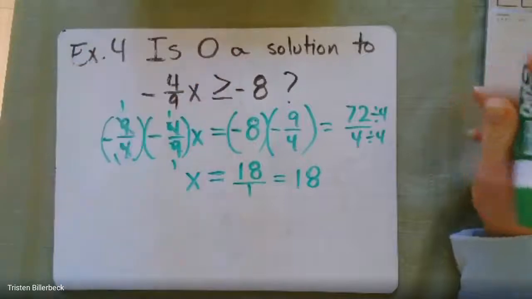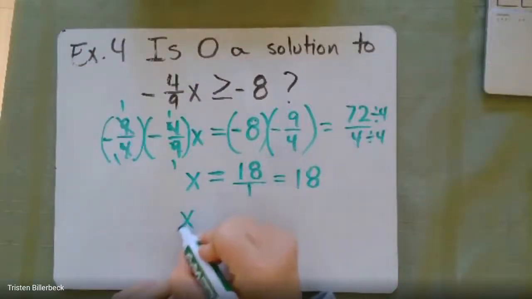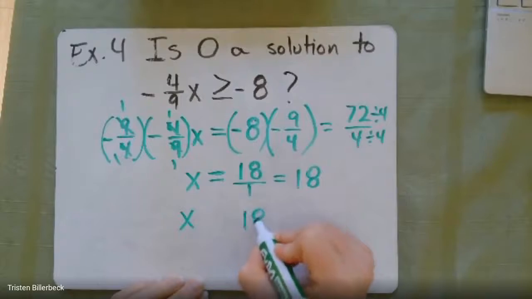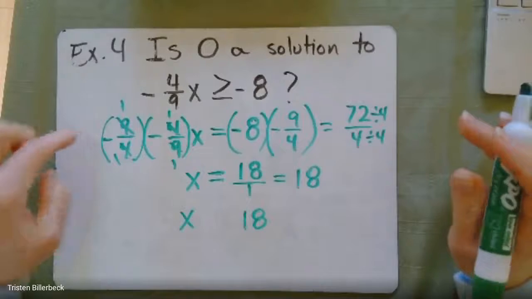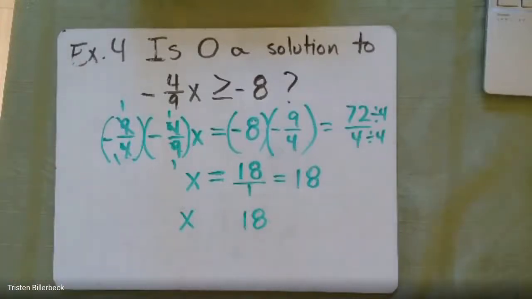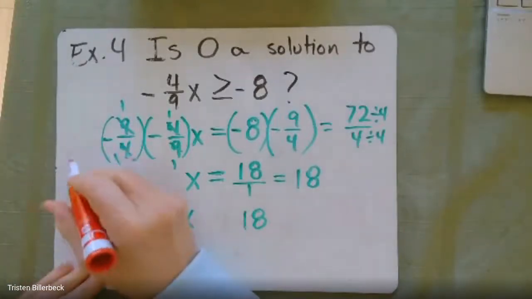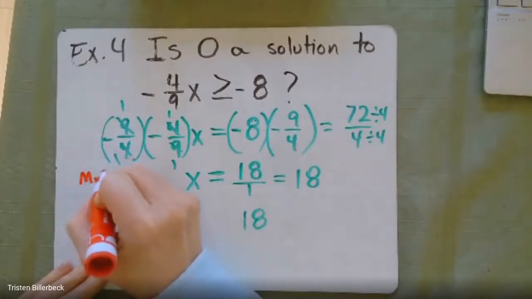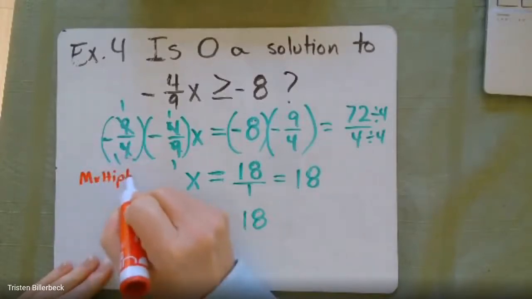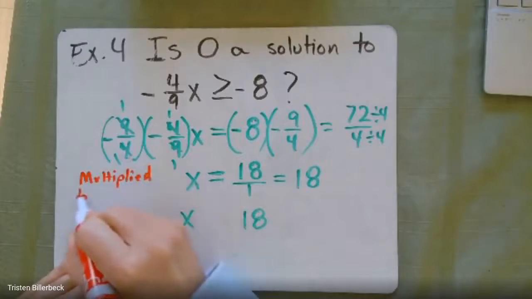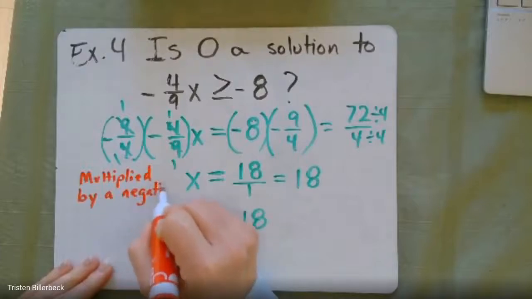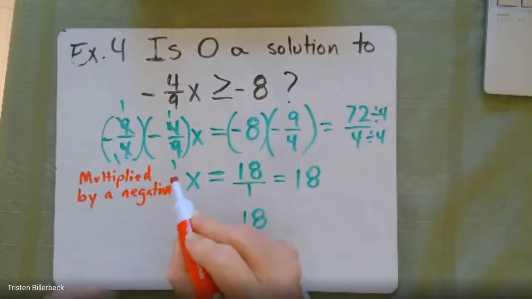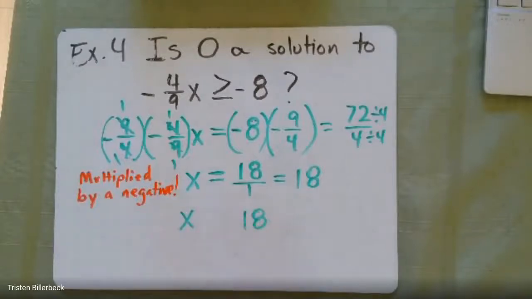Okay, we're going to substitute this sign back in here, but before we do that, we see we multiplied by a negative.